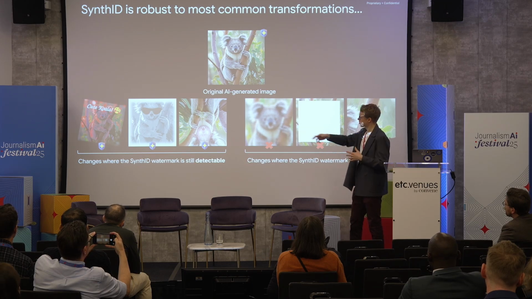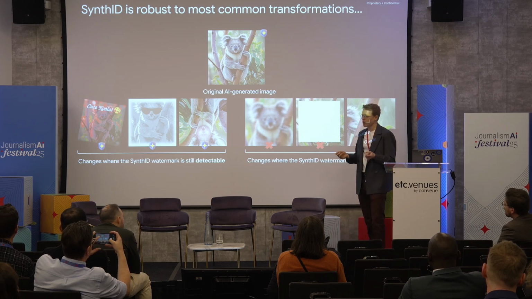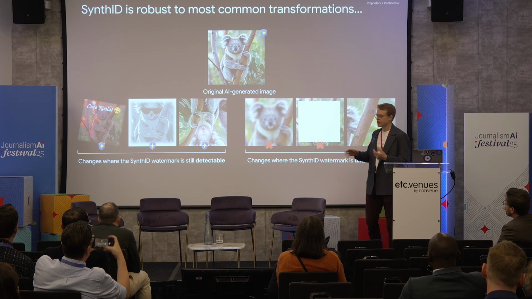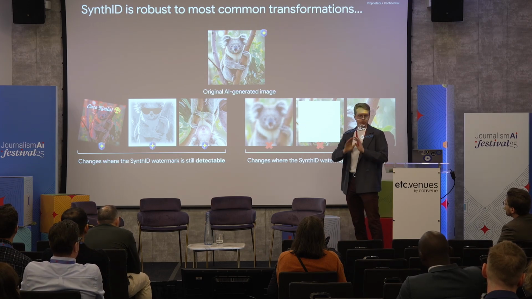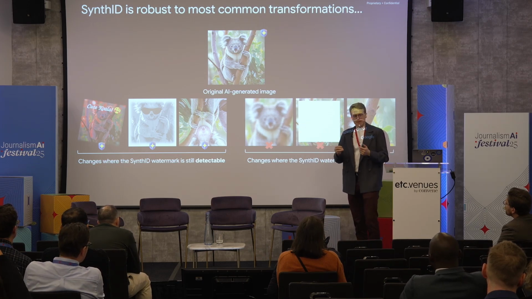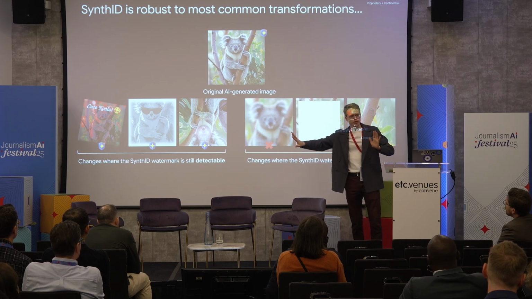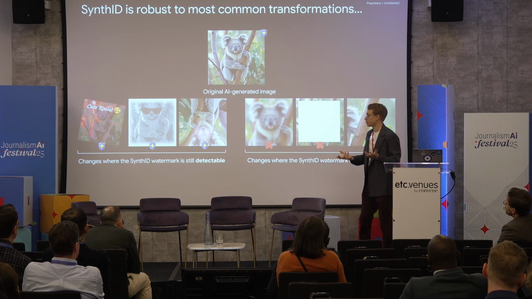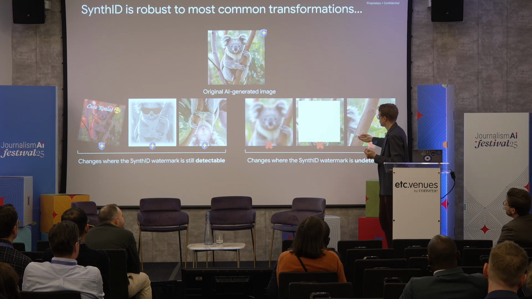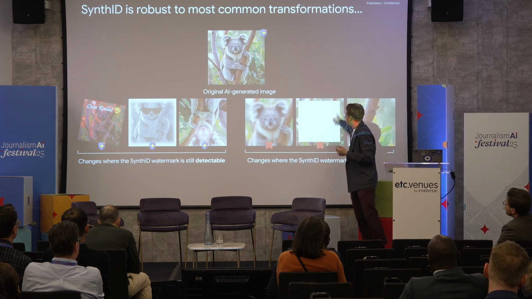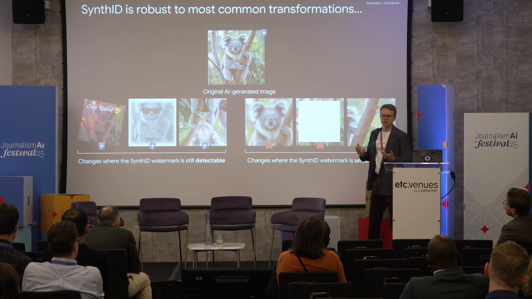If you add filters, emojis on top, or change the color saturation, all of that, the watermark will still be detectable. But then you get to a point, it's always a spectrum. If you push it too far, then you won't be able to detect it any longer. On the bottom right here, for example, if you crop out most of the image, there is just not enough information available to reliably detect the watermark.